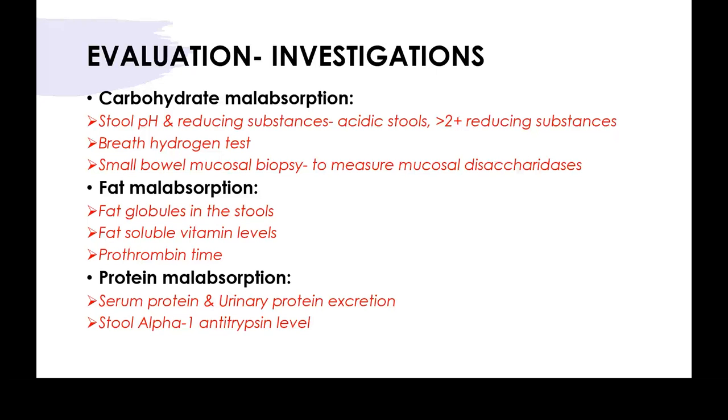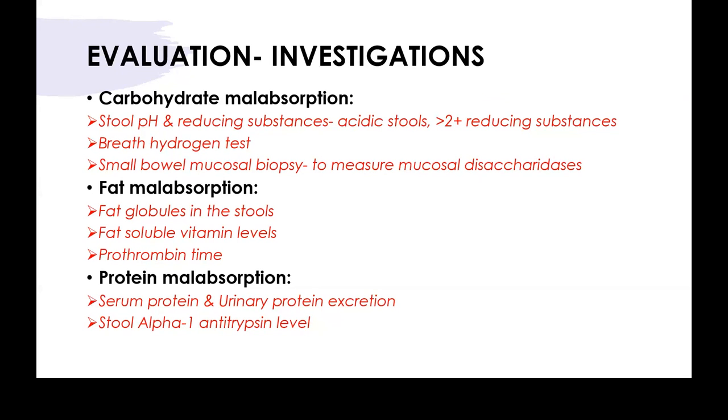So in regard to fat malabsorption, it's a very cumbersome investigation to diagnose fat malabsorption, but there are very, very simple ways. So presence of fat globules in the stools, that is one of the things suggestive of fat malabsorption. And the indirect way of checking fat malabsorption is checking the levels of fat soluble vitamins, right?